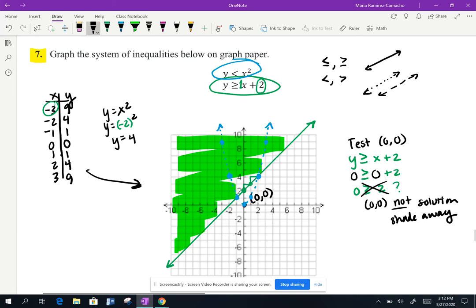Let's test a point inside the parabola. Let's do 0, 5. So we're testing 0, 5, and again, not 0, 0, because it falls on the parabola.